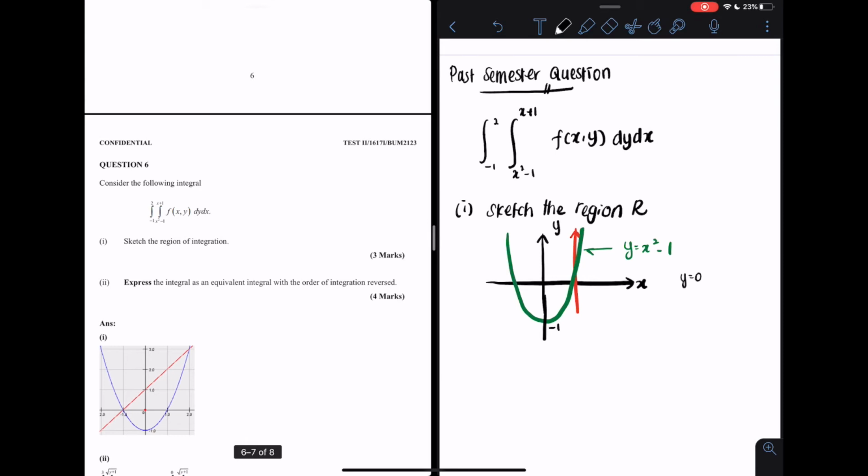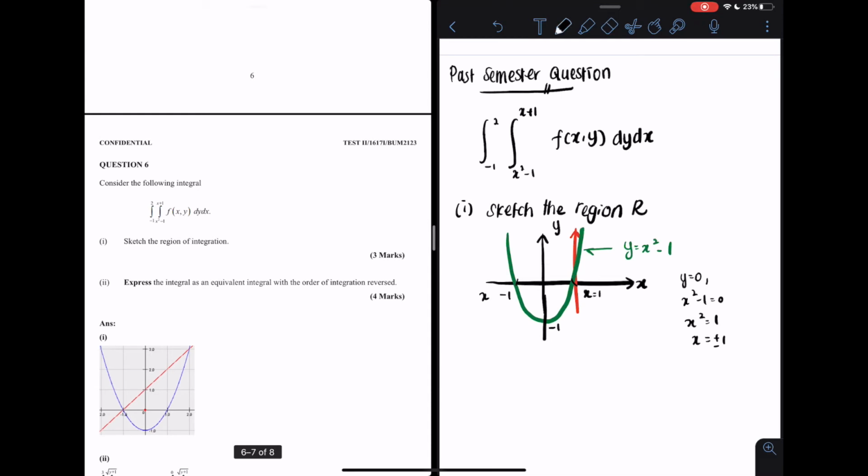So x squared minus 1 equals 0, x squared equals 1, x equals plus minus 1. So the values here are x is equal to negative 1 and x is equal to 1.